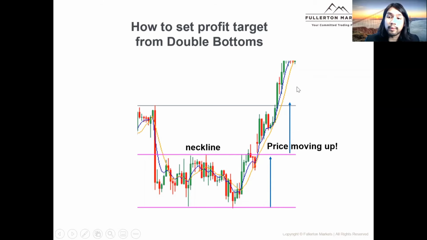If, for example, you were to enter your long position here at this green candle, you're not going to be targeting another 2,000 points up. No, friends. You will be looking at the neckline, and that is where you will be setting up your 2,000 points, all right? So if you started here, you might not get the entire 2,000 points.